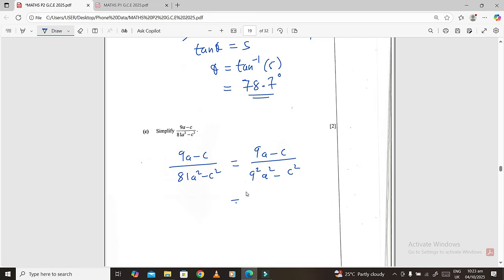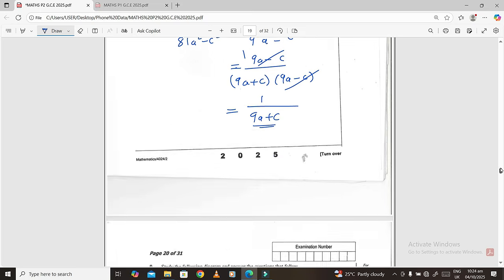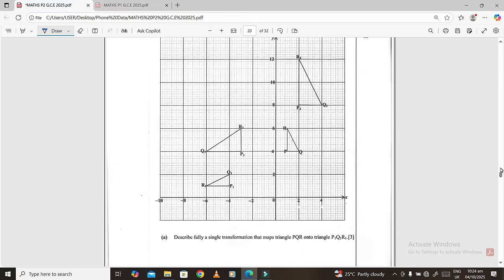That's difference of two squares. 9a minus c over 9a plus c. 9a minus c, this and this will cancel out. You have a 1 here, which is equal to 1 over 9a plus c. So this is our answer. We go to the next question.